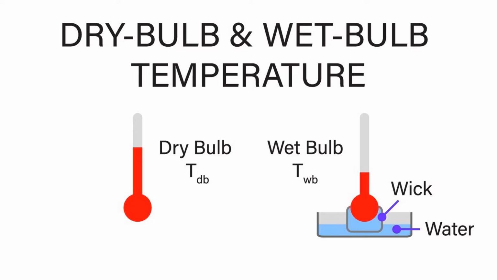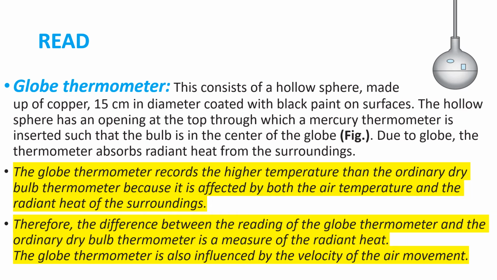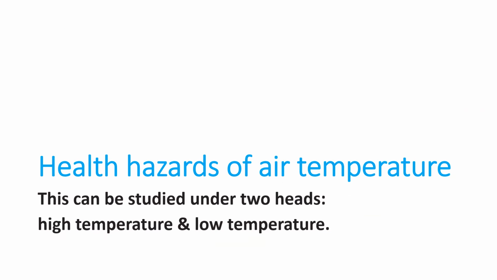These are the dry bulb and wet bulb temperatures recorded by dry bulb thermometer and wet bulb thermometer. And this is the globe thermometer, which is present for correction of radiation. Please print and read.